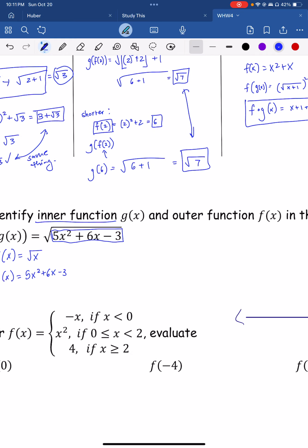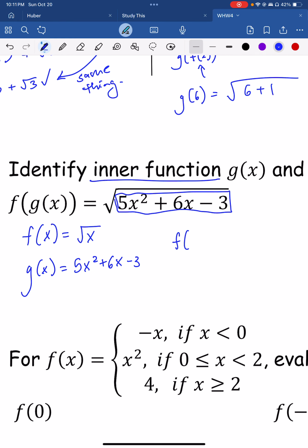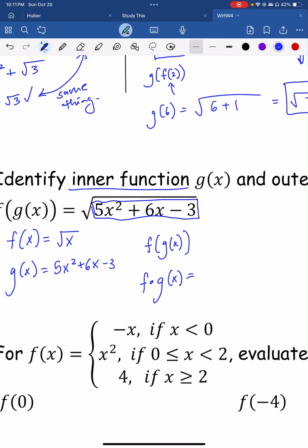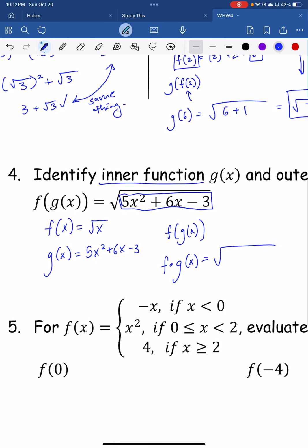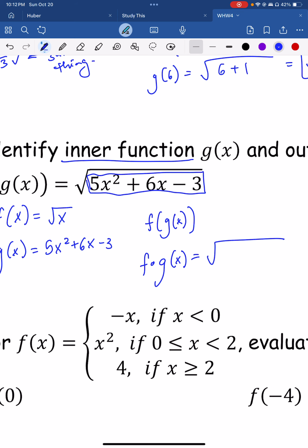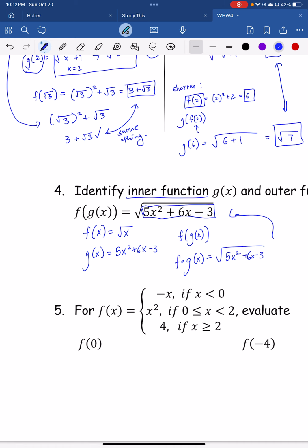To check your work, you can just do f of g of x, which is the square root, and instead of x, I'm plugging in g of x, so 5x squared plus 6x minus 3. And that does match, so it works.